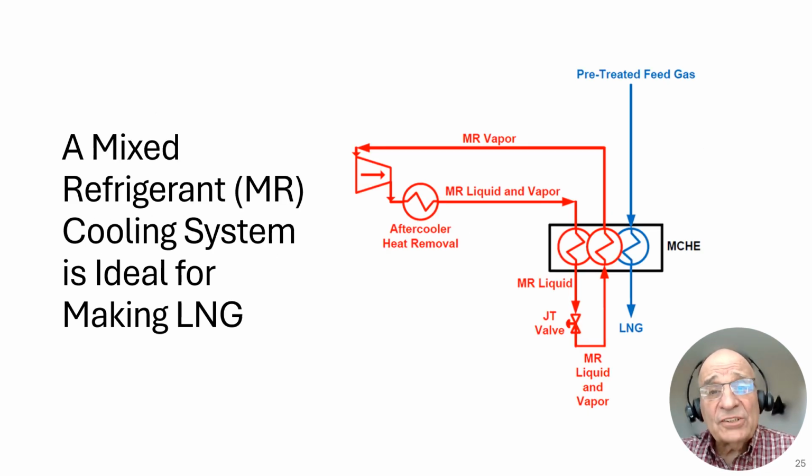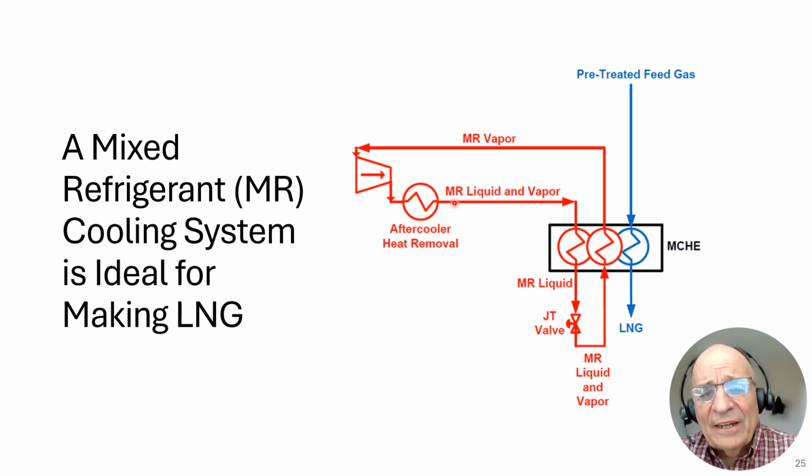Well, with that information available, we can now build ourselves a conceptual mixed refrigerant liquefier. Let's do that. Start off with a compressor, an MR compressor, and that compressor will take MR vapor and compress it into a hot vapor, higher pressure, higher temperature vapor. And we want to get rid of that heat, so it goes through an aftercooler for heat removal.